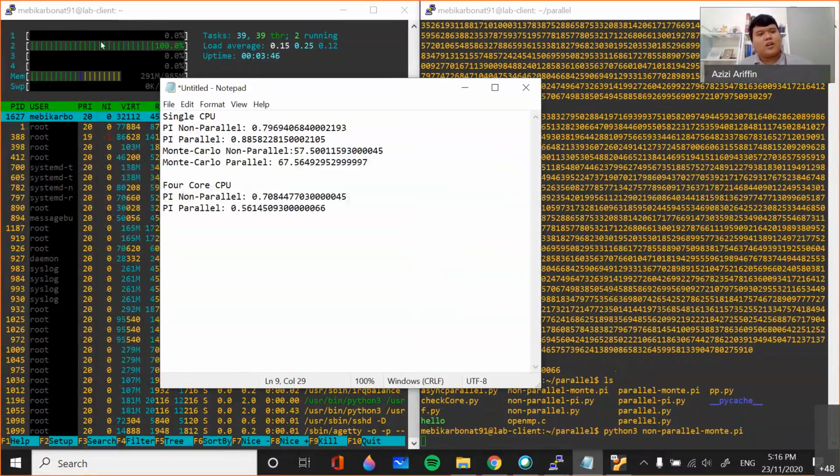So tolong tengok dekat belah kiri tu, tengok tak? Satu core je yang 100%. Boleh nampak tak? Boleh, sir. Betul. Satu je dia cook up tapi dia tak distribute dekat 3 pasal dia adalah serial. So dia kira satu-satu, dia just menggunakan single CPU core saja. So kita tengok berapa masa yang dia ambil for Monte Carlo non-parallel.